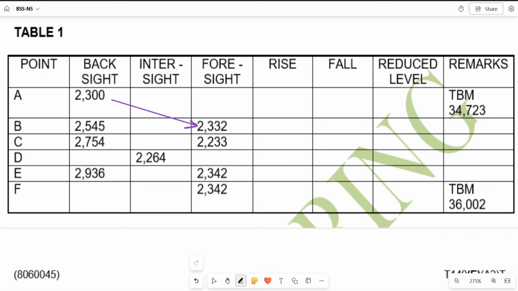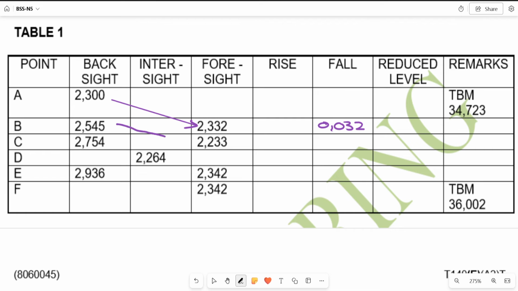So we will say 2.3 minus 2.332, and watch what you get. You're going to get minus 0.032. So that is going to be a fall because it's a negative answer, right? Since it's negative, we'll say 0.032.